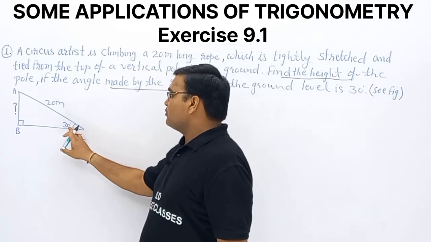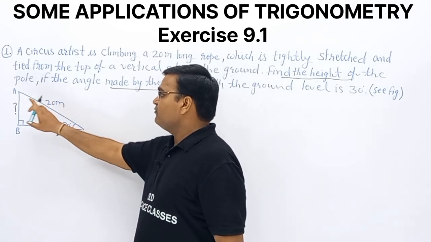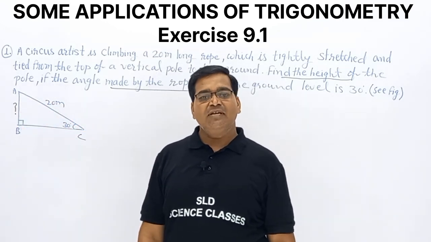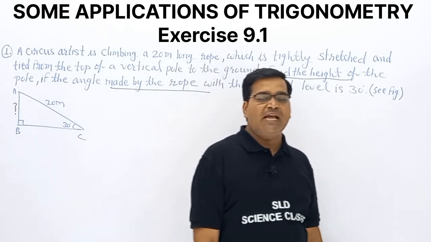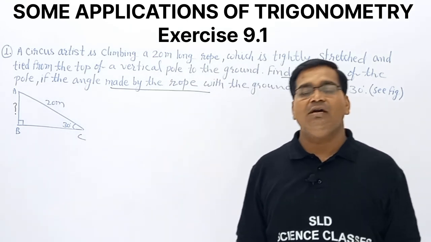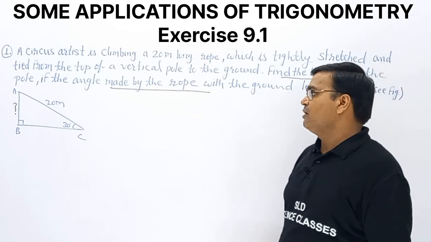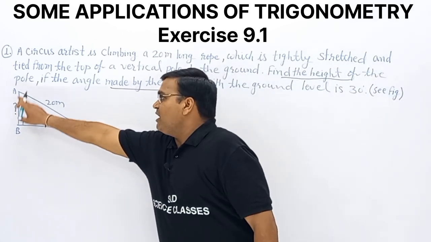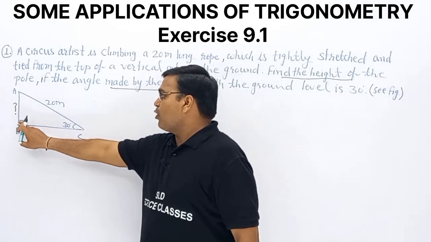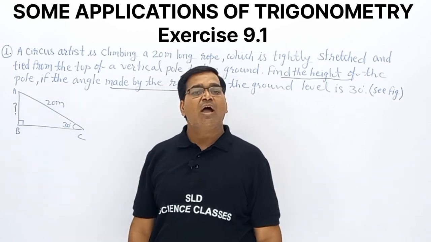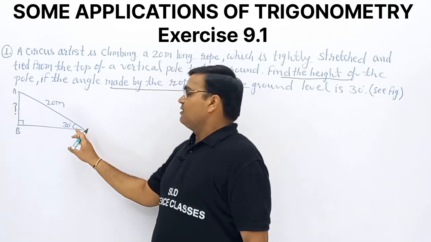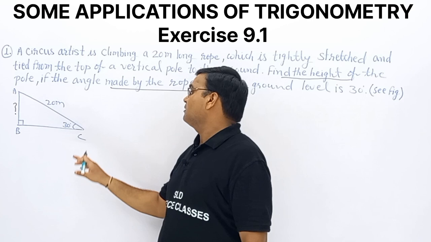So theta is this one, and we want this one. We studied 6 trigonometric ratios: sin theta, cos theta, tan theta, cot theta, sec theta and cosec theta. But we require AB. This is 90 degree, and opposite of 90 degree we are having the hypotenuse.